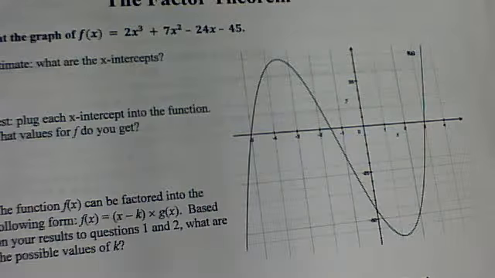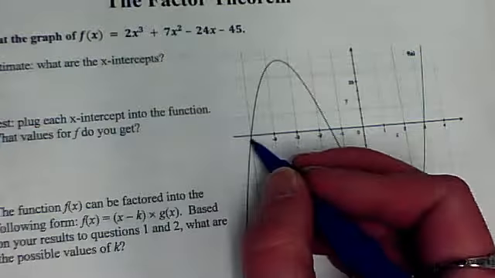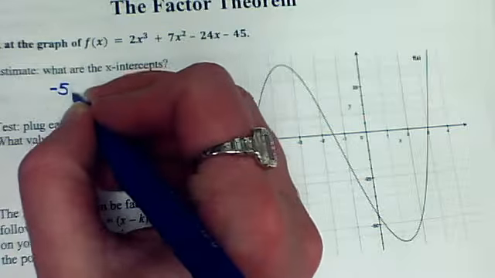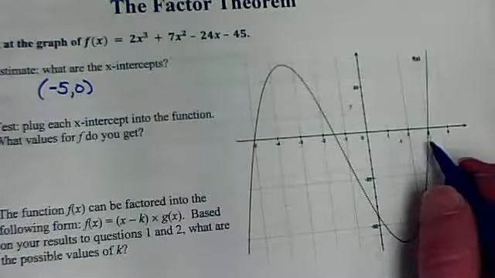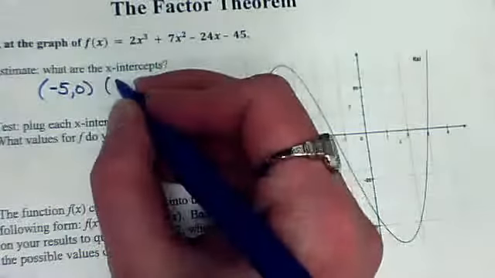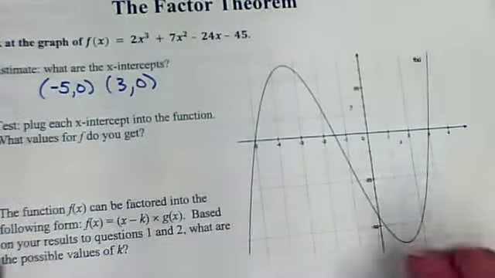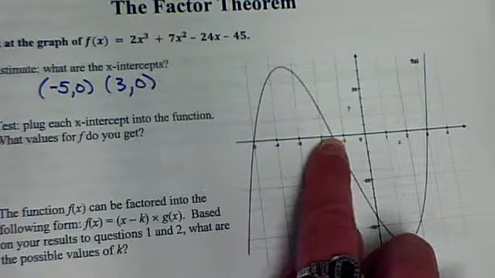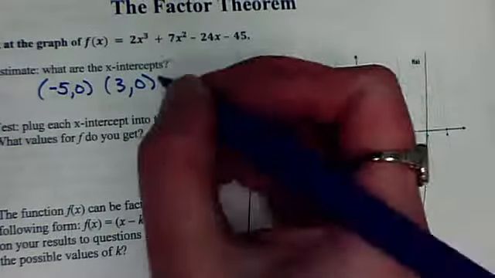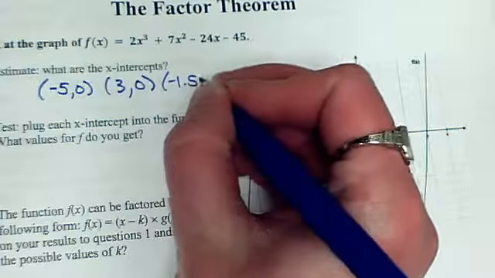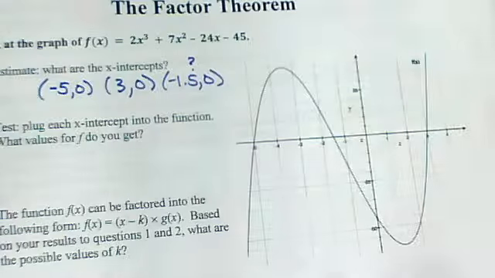Well, -1, -2, -3, that's -5. I also see 3, but the other one I'm not so sure about, so I might have to estimate it. Looks like -1.5, but I'm not quite sure. I'm going to put a question mark there.